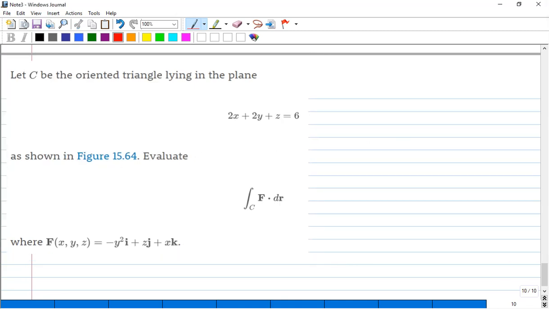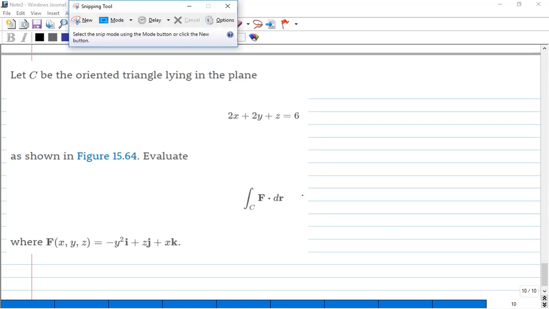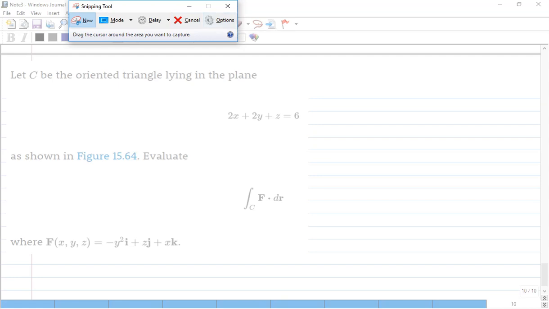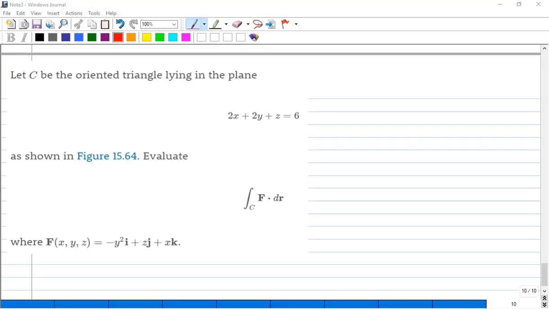So we got 2x plus 2y plus z equals 6. You've actually already seen this picture, and we were bound about the same way here.